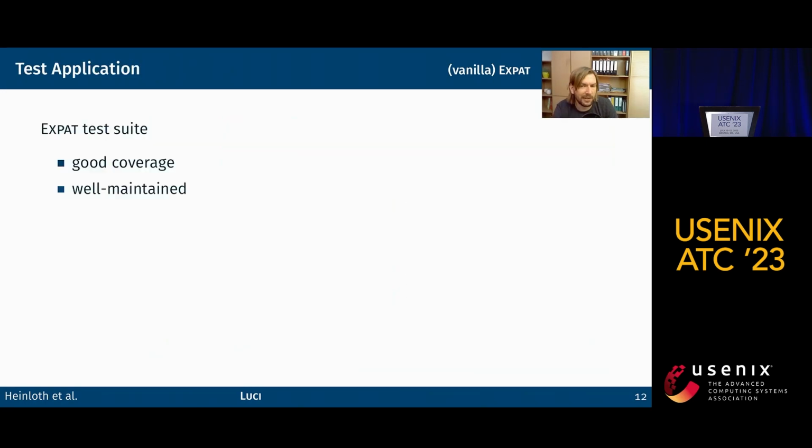To verify this claim, we will use the Expat test suite. It covers the whole interface and all the functionality provided by the library, and receives regular upgrades if vulnerabilities are found in the library. Therefore, this makes it a great target for evaluating Luci, since it would clearly highlight any incomplete update.